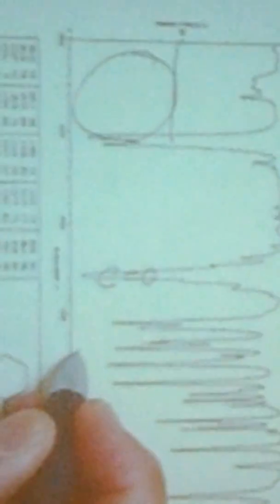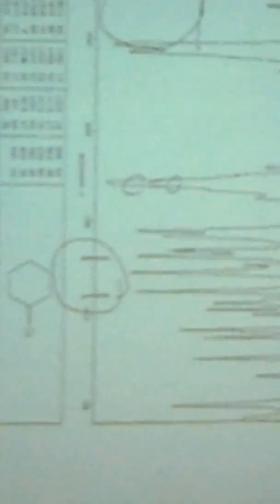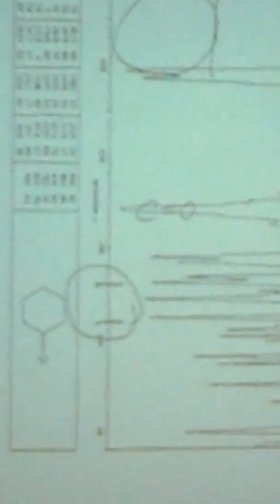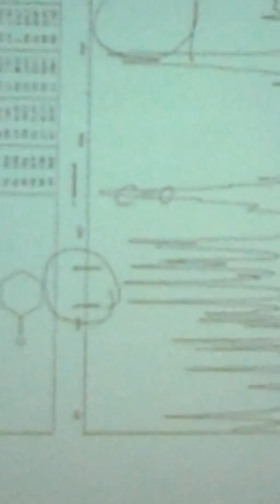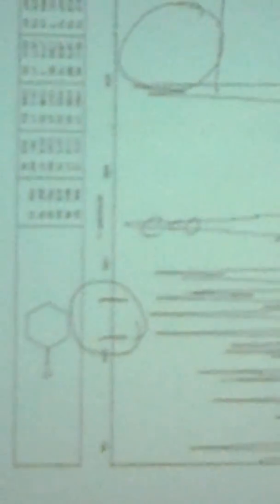Now, in terms of the third type of oxygen, I'd be looking in this region for, if I had a C-O-C, an ether oxygen, a band that is stronger than any other in the spectrum. Now, there are some peaks in there, but I'm suspicious that they're not strong enough.